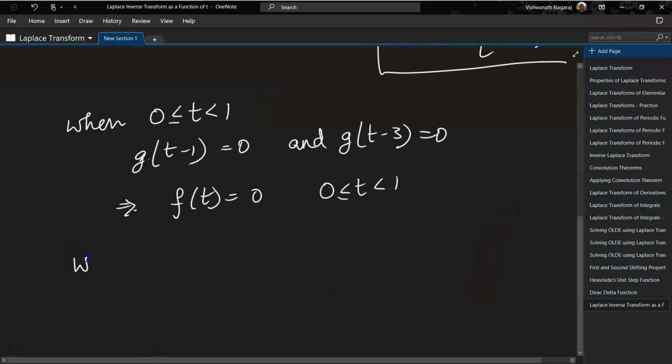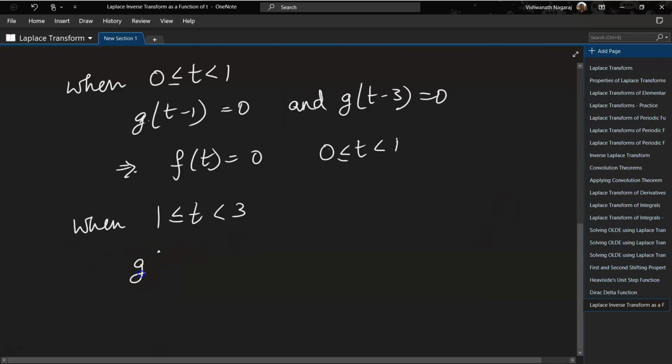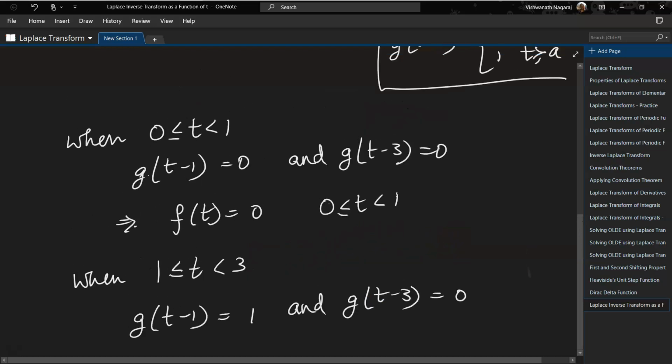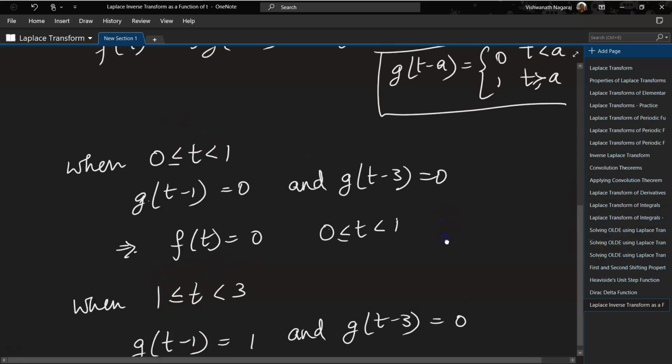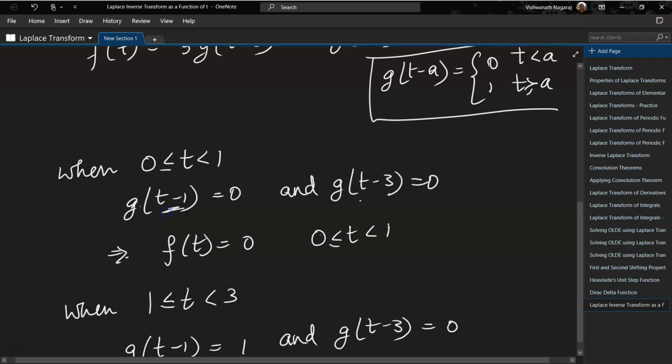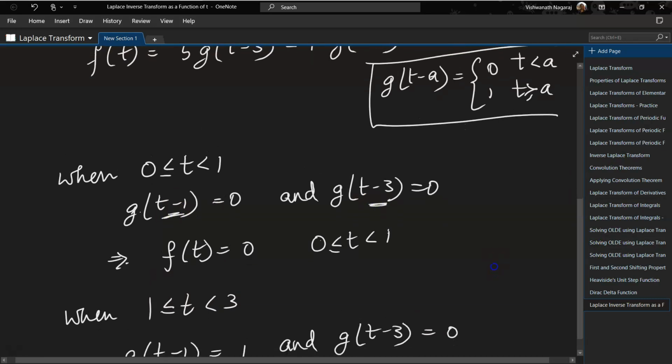Okay. Now when t is between 1 and 3, then g of t minus 1 is equal to 1 and g of t minus 3 is equal to 0. Now again, from where are we getting this 0 between 0 and 1 and 1 and 3? That we are taking from these expressions, t minus 1, t minus 3.